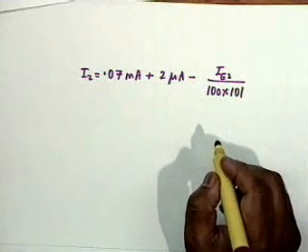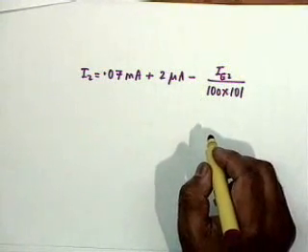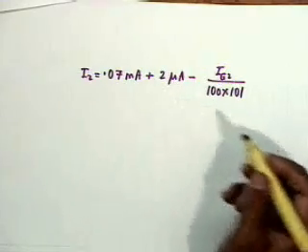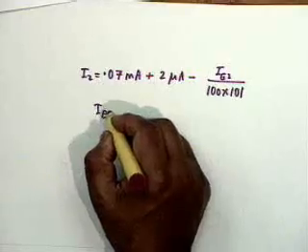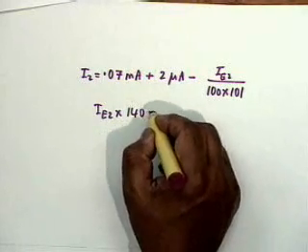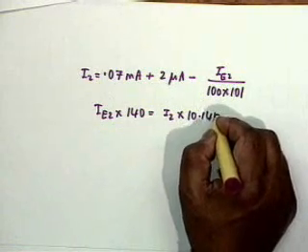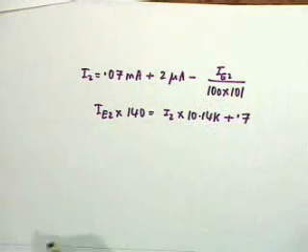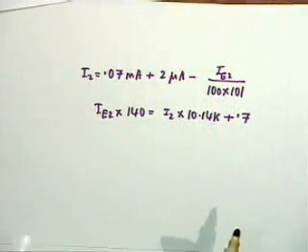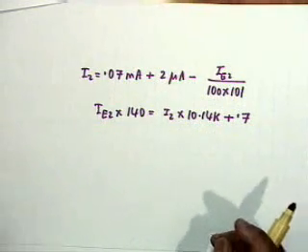I didn't ignore that beta plus 1. Yes. This is one of the equations, and the other equation is IE2 multiplied by 140 equal to I2 multiplied by 10.14 K. This is 200 microampere divided by 100.